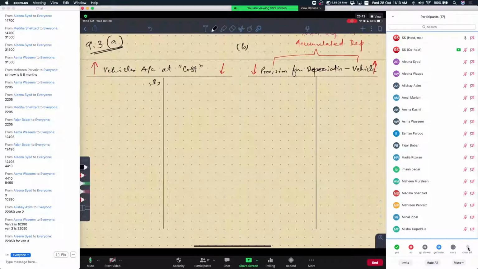You could write 60,000 or you could write 30,000 twice, because these both represent the Supermotors vans, the two vans you bought, van 1 and van 2, and the date would be January 1st, 20x7, right? We understand this entry, we understand why it appears on the debit side here, because our vehicle's balance is increasing, right? So give me a green check if you understand the first entry on these accounts.